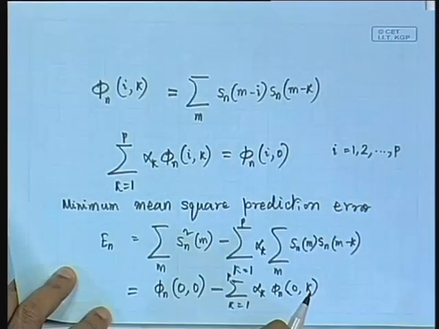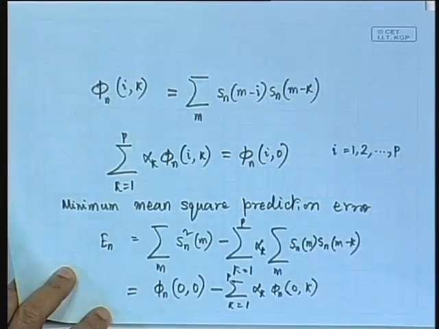Now, this Sn(m) itself is restricted, okay, in that it is 0 outside the range of m lying between 0 and capital N minus 1.